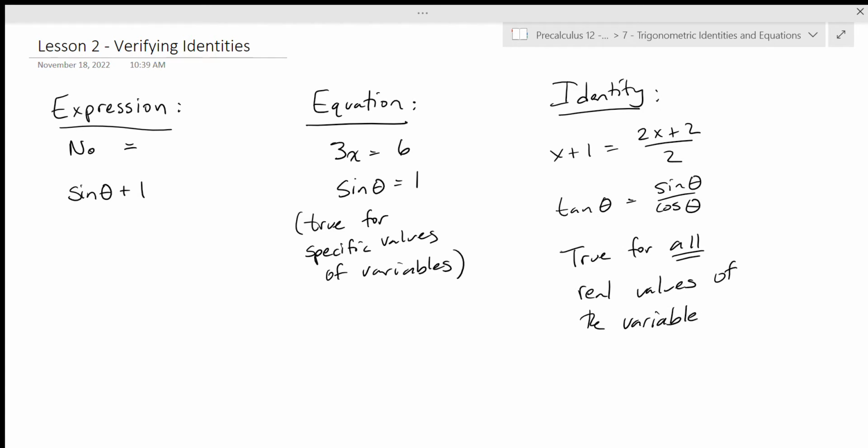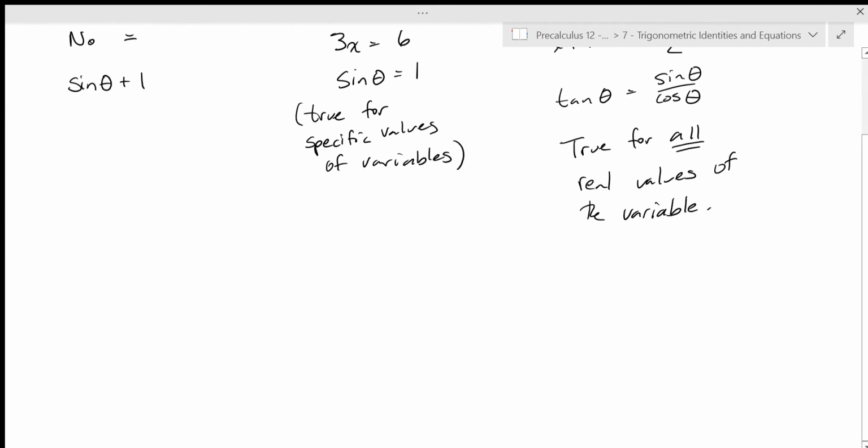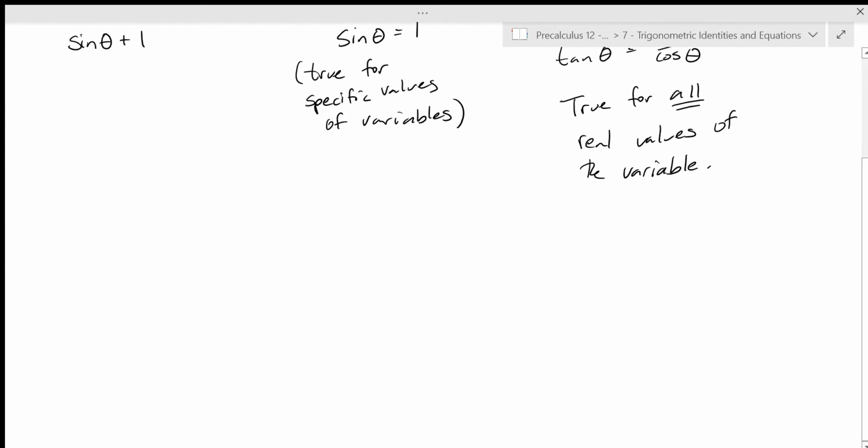Essentially, tan theta is sine theta over cosine theta no matter what theta is. And that's the thing that we are going to be showing. So when we're verifying identities, what we want to show is that the two sides are the same, and we can do that using some other identities. So let's look at how we might do that.